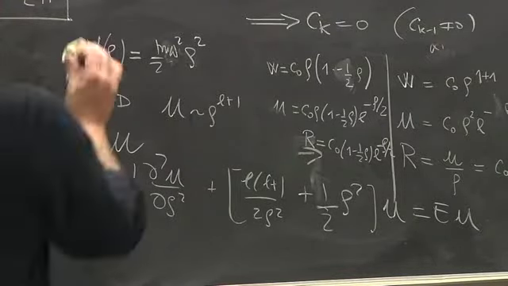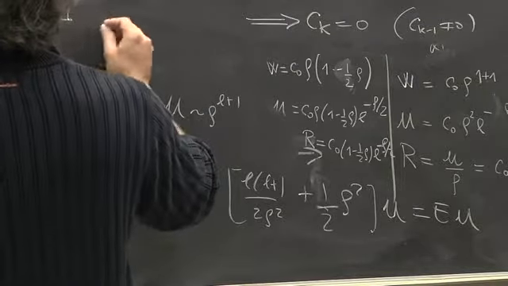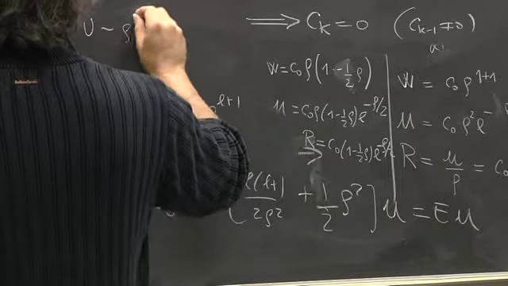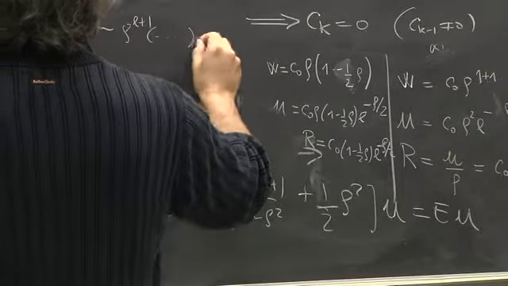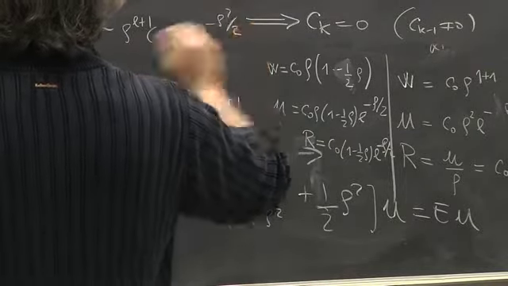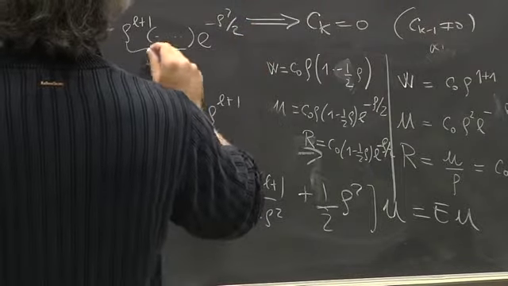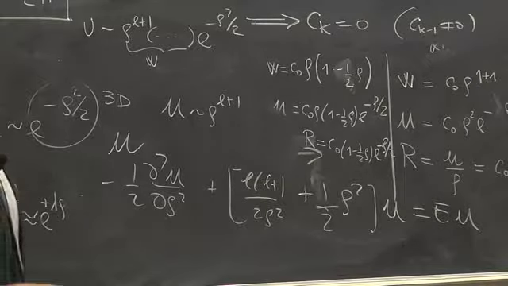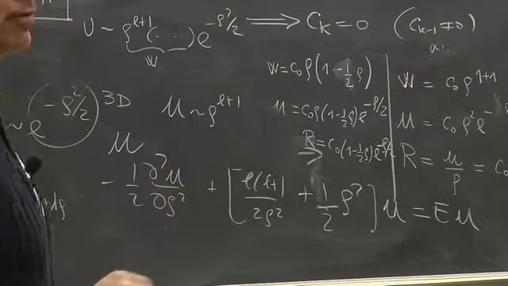So if you try to write a wave function, you should say u should go like rho to the L plus 1 times things times e to the minus rho squared over 2. Okay, so call this w, repeat all the things, okay, and try to determine the new recursive formulas.